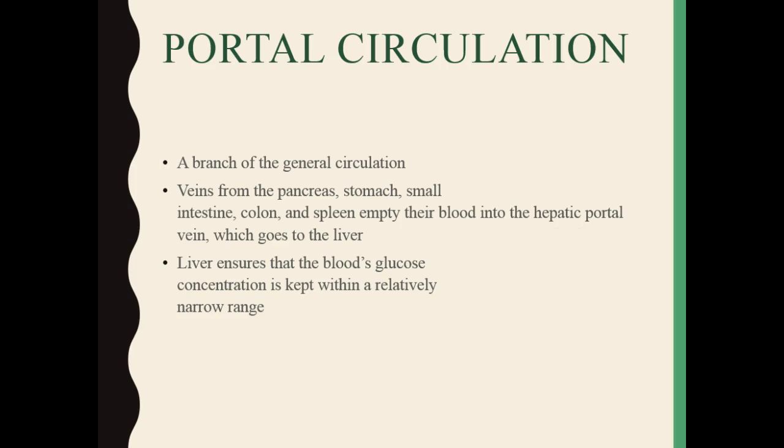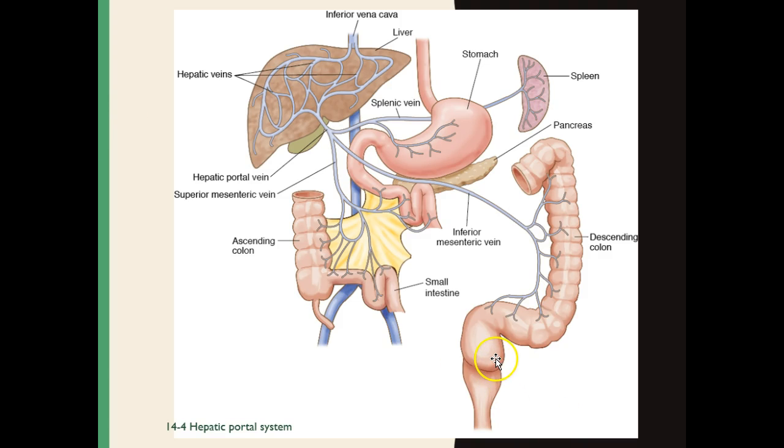This hepatic portal will then filter through the liver. The liver will filter a great portion of blood from these sources to not only remove toxins, but also to monitor the glucose level. Here's a picture here where you can see that occurring.